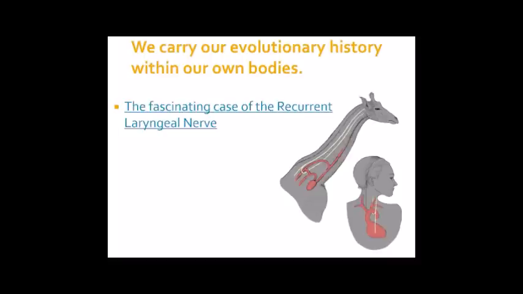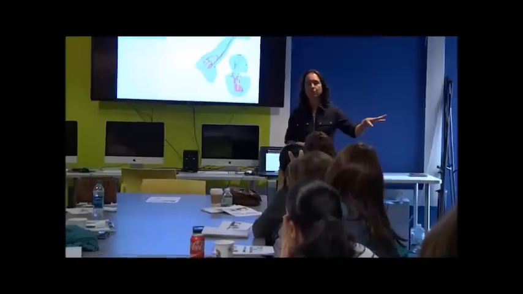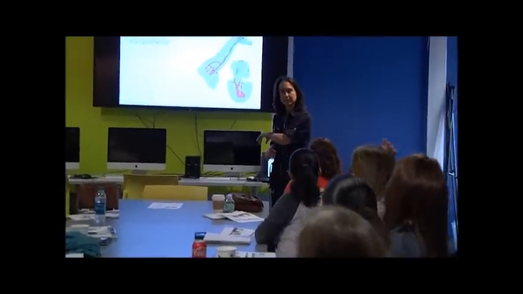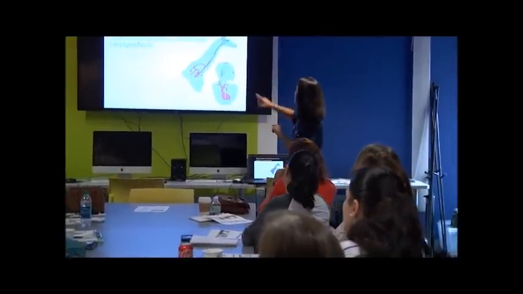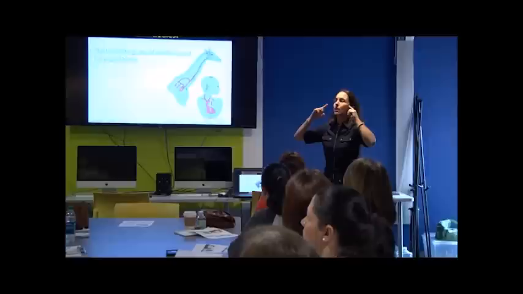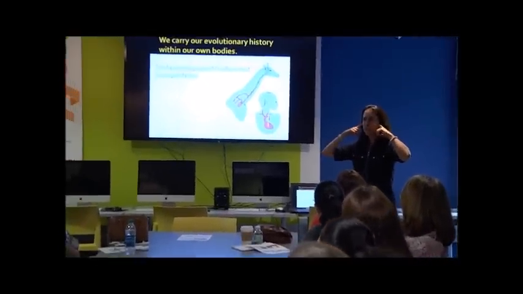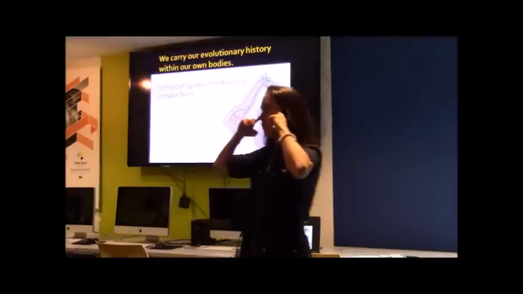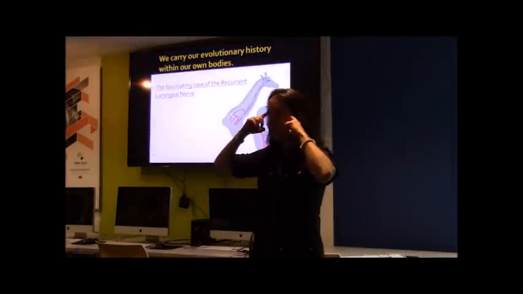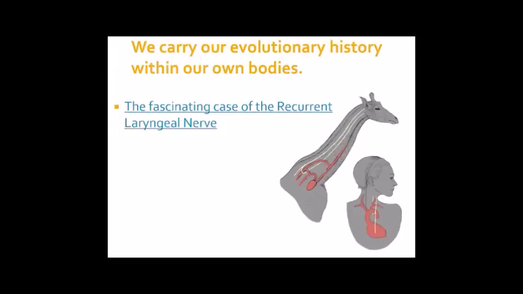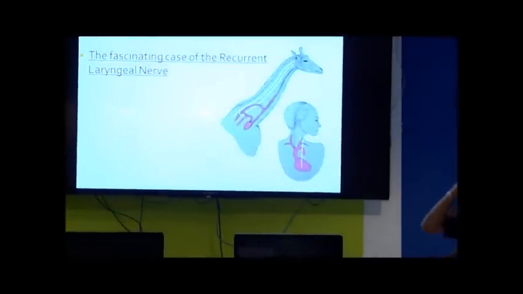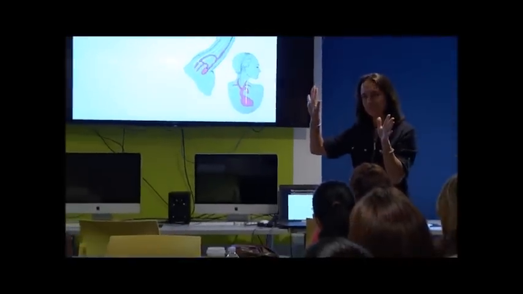It's only been done once, over 150 years ago, and then this time. And what you're going to see, as you can see from the picture, are the nerves that innervate our voice box. On one side, it goes from your brain to your voice box. On the other side, it goes from your brain, down your neck, around your aorta, and back up to your larynx. In a human, that's kind of weird, but in a giraffe, it's ridiculous.